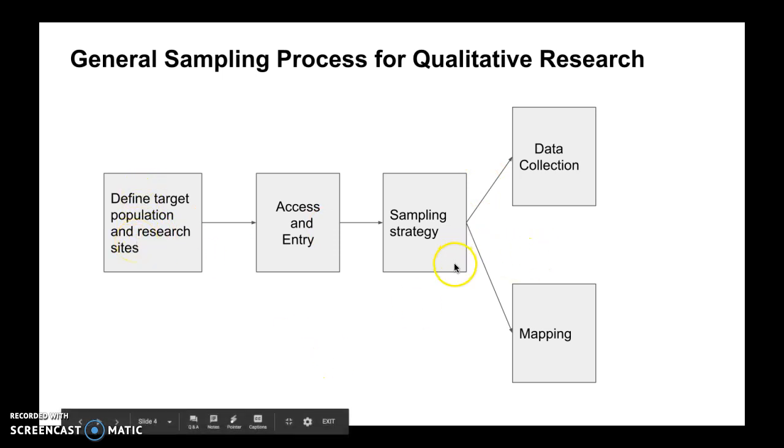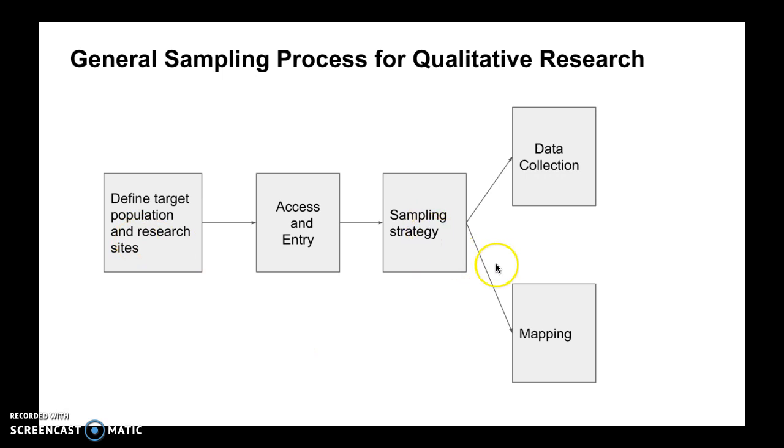You may need to adjust your strategy, or clarify the characteristics of your participants, or maybe change the people you want to interview. The thing is, you want to get the data that can answer your research question.